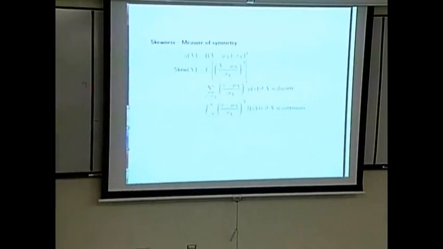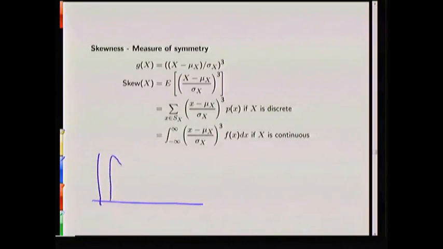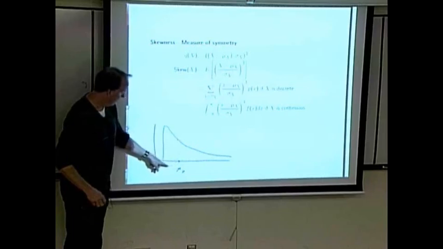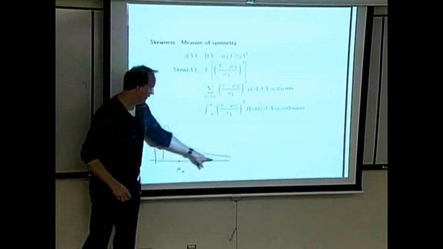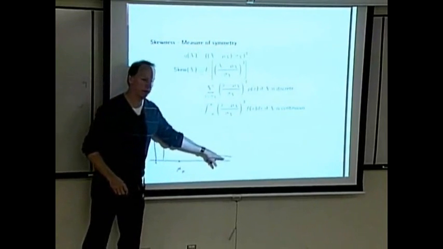Okay? So that would be the case where if you had a distribution that kind of looked like this, whereas the mean of the distribution might be here, but we see that when you have values of x below the mean, they're not too large, but when you have values of x above the mean, you can get some really big ones.